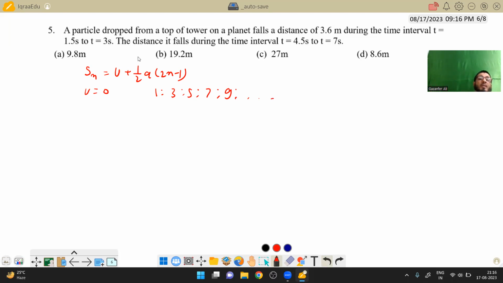Provided u is 0. Here also the particle is dropped. What I am saying is, I can generalize this result. What is the general result? A particle is starting from rest and moving with constant acceleration.